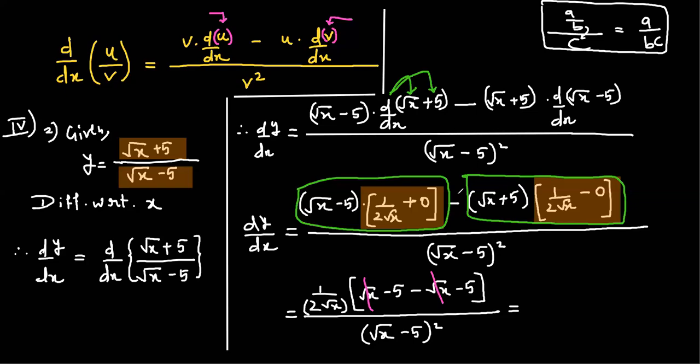So I have next step as 1 upon 2 root x. And here I have negative 10 divided by root x minus 5 the whole square. So this is 2, and here in numerator I have negative 10. So it will be negative 5 upon root of x multiplied to root x minus 5 the whole square.